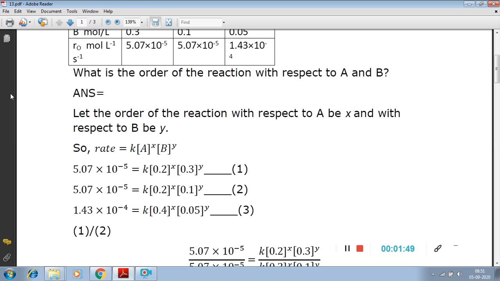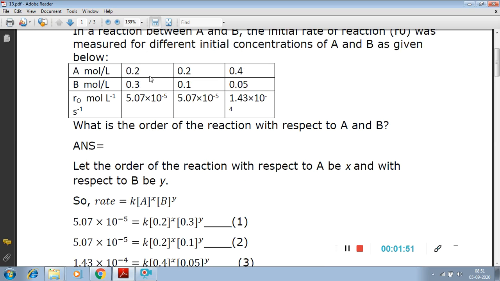Now for first experiment you can see the concentration is 0.2 for component A, concentration of component B is 0.3, and R0 that is given to us 5.07 into 10 raised to minus 5. So these three value we have, only X and Y that we don't have. So put these three value in the equation.